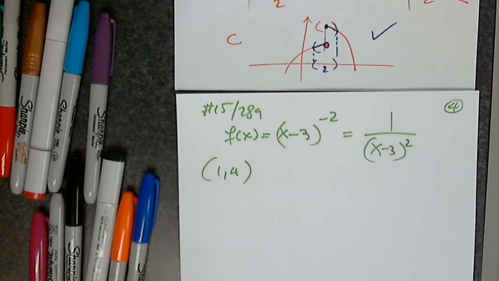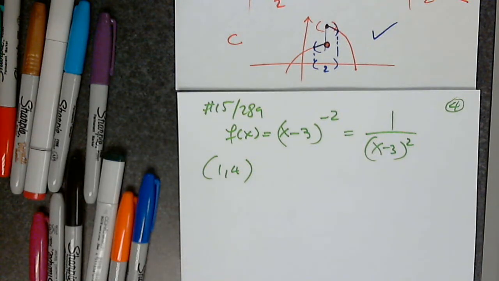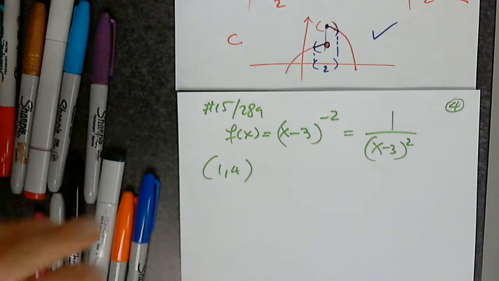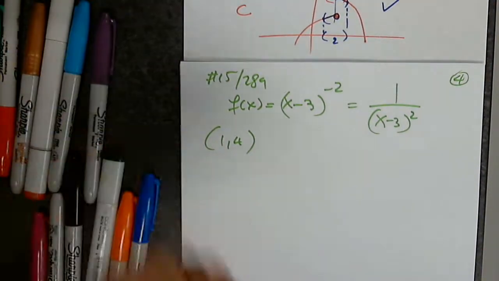Actually, it was a problem that we didn't get to, which is very good. It will replace this one, because it's very similar. You may have a different target or a different answer, but it's very similar.